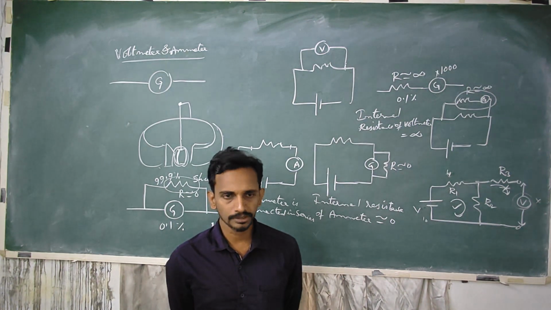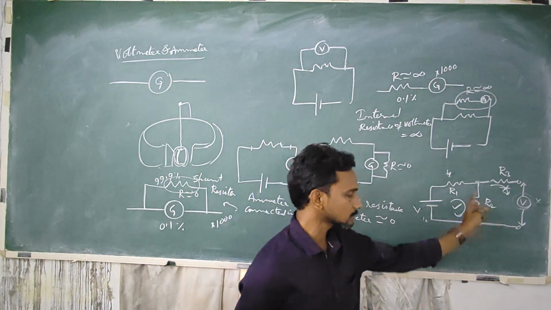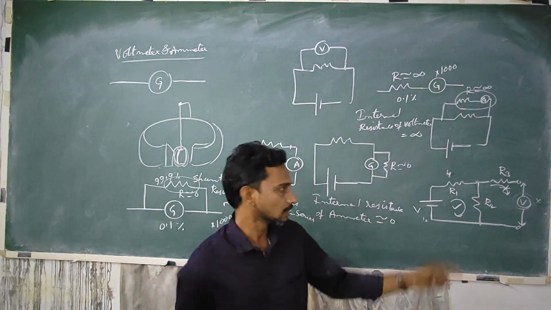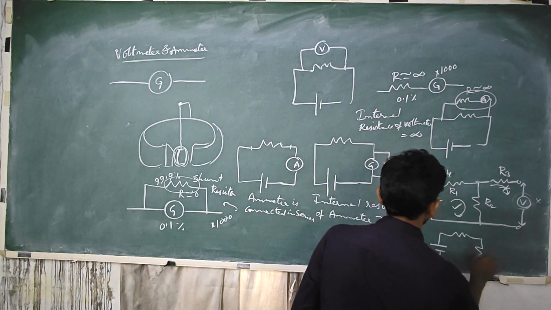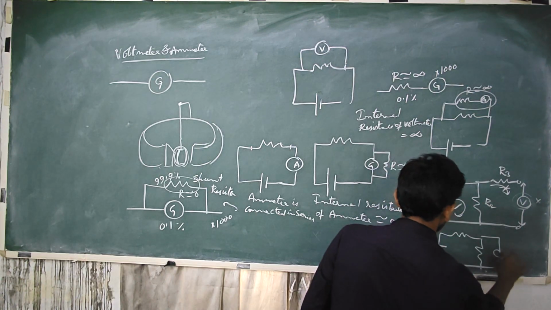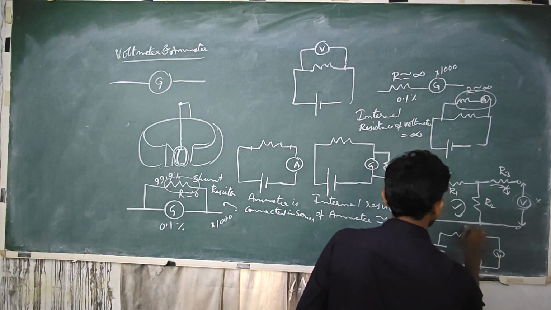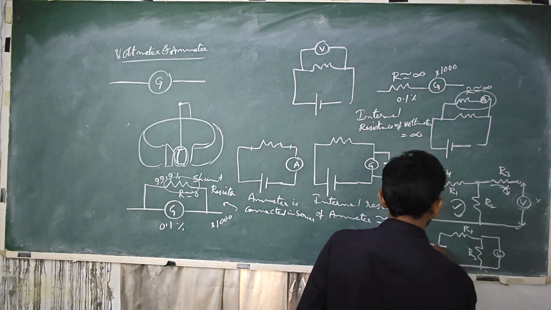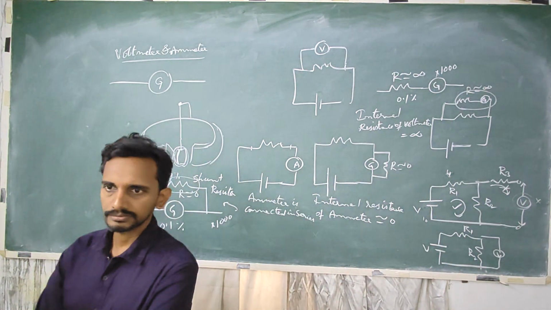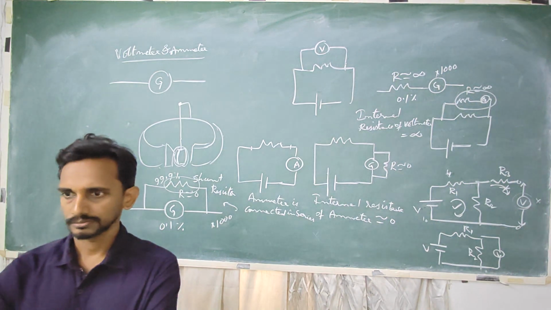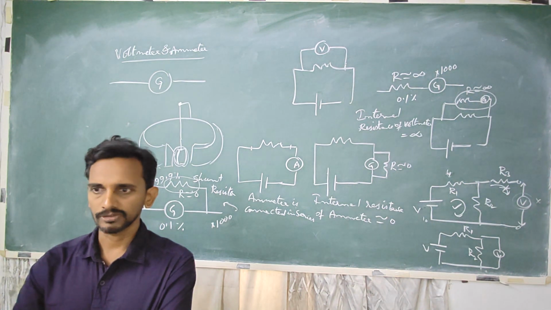So R3 will be bypassed and you will get the voltage drop across R2. And if you remove the resistance and check, you will get the same result in both cases. You can verify that.